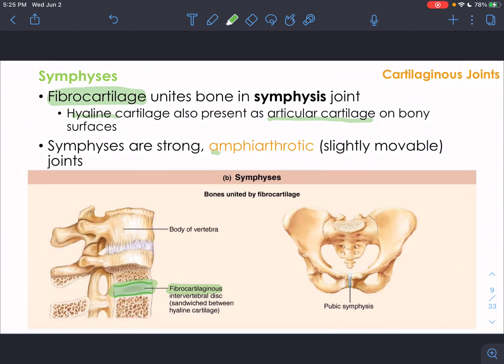Symphyses are going to be amphiarthrotic, which means slightly movable, so they allow for more movement than the diarthrotic joints. Some examples of these are our intervertebral joints, so again, the joints between the vertebrae in our spine. And also our pubic symphysis is a really good example of a symphysis joint. Okay. Again, always going to be fibrocartilage holding these together.